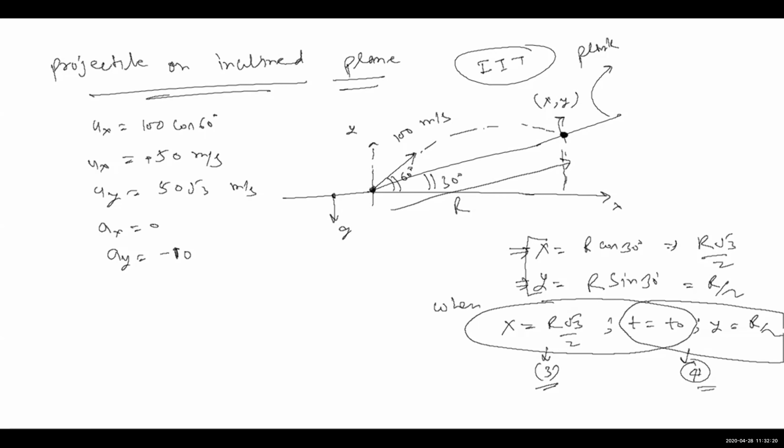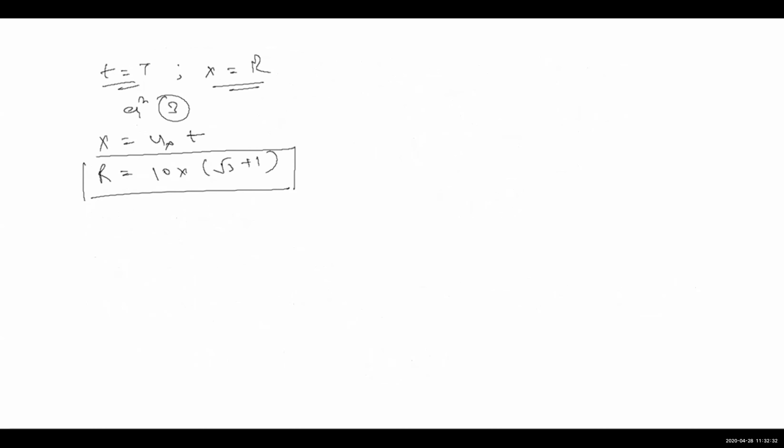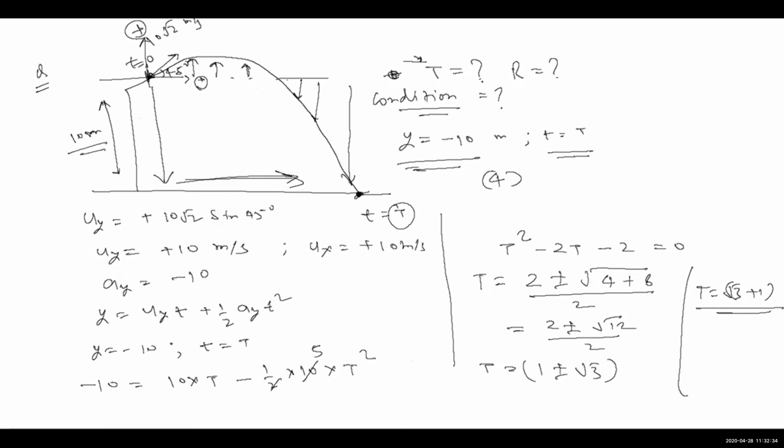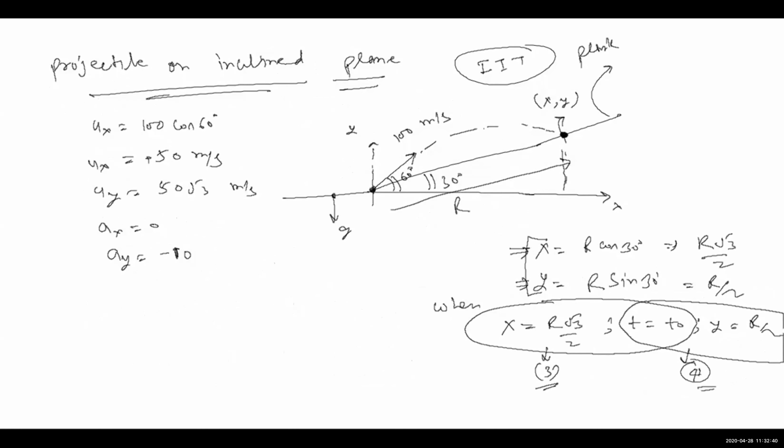In previous questions, if you see, either the x value was known and we were asked the value of y, or the y value was known and x we need to calculate. But let's make a new diagram for the previous question, just to understand.